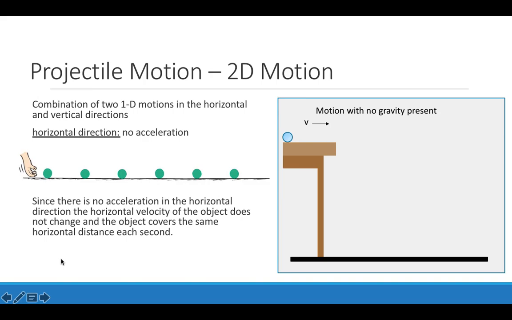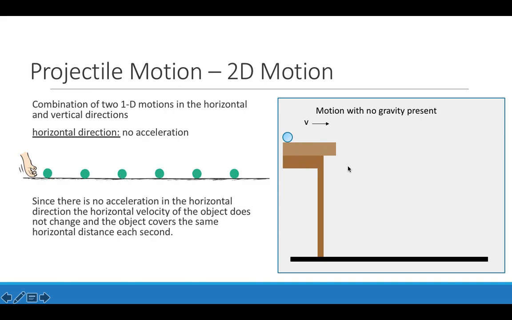So if we start to review projectile motion in terms of two one-dimensional motions, we can look at what happens along the horizontal direction. As I just mentioned, if there's no acceleration, then a ball that's rolled across the surface would just follow a straight line path. And if the velocity is constant, meaning there's no acceleration, the object covers the same distance every second that goes by.